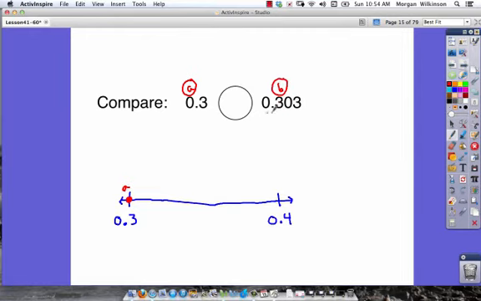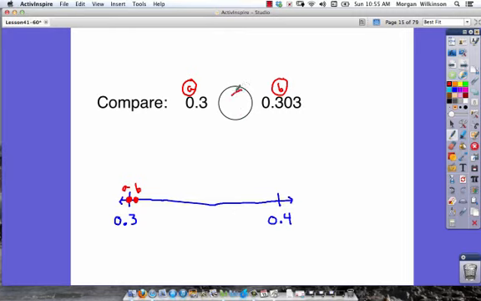Now B, 0.303. Well, that's a little bit bigger. It's a little bit closer to 0.4 than 0.3 would be. Where A is, B is going to be just a little bit further along. It might be only right here. But we can see that B falls in this position. So which one's bigger? Well, B must be bigger. It's further to the right on the number line.